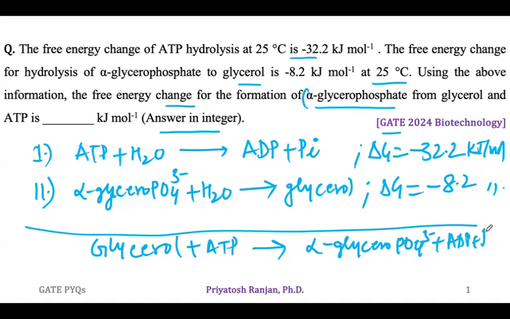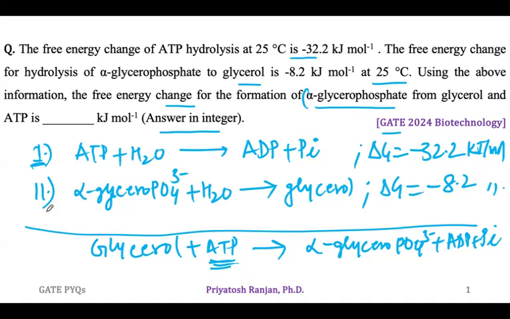ADP plus Pi will come this side because I'm making use of ATP. So I'm generating alpha-glycerophosphate with the help of the ATP. If you look at the above equations, the first equation, the ATP is coming on the left-hand side, and so in the overall reaction, that should be fine.